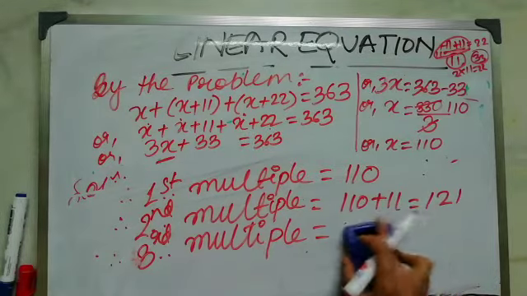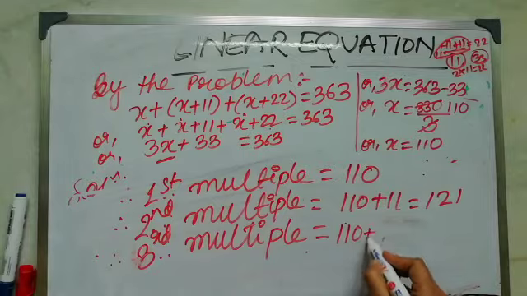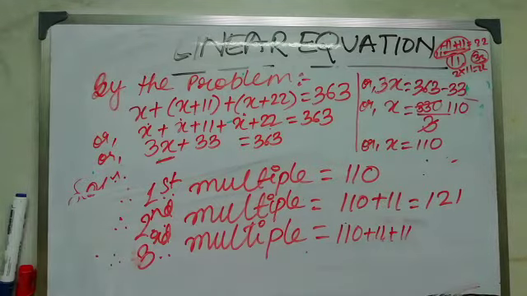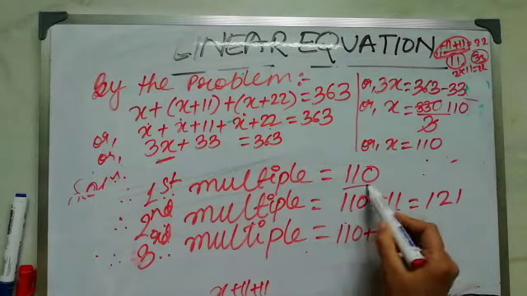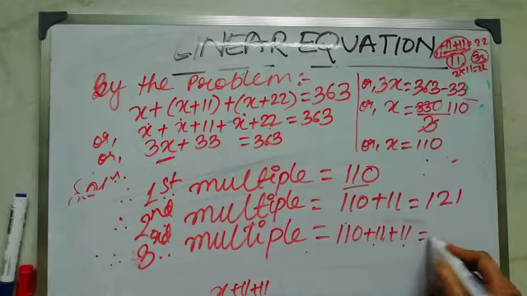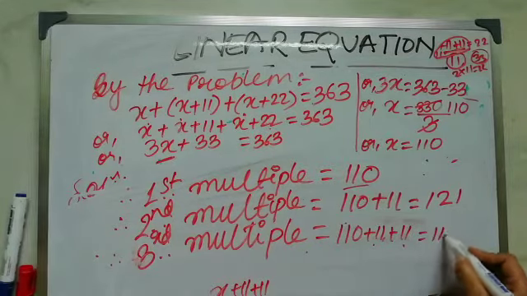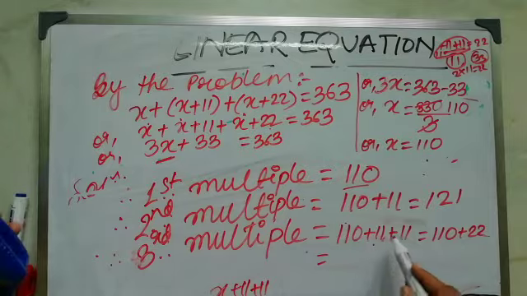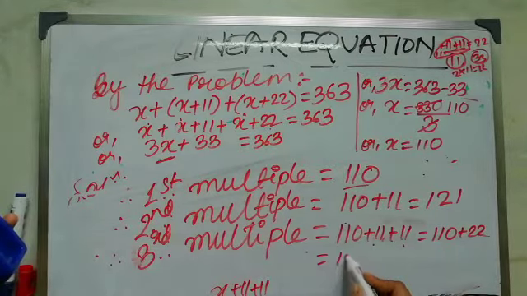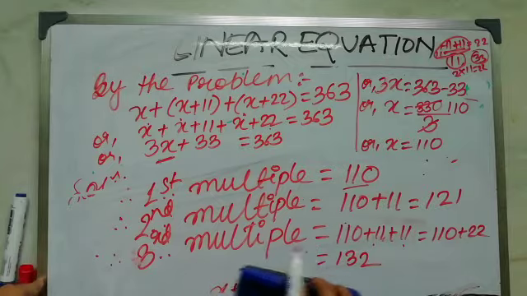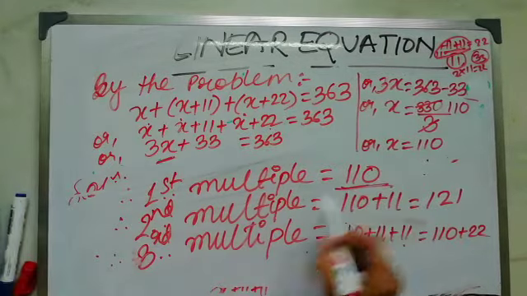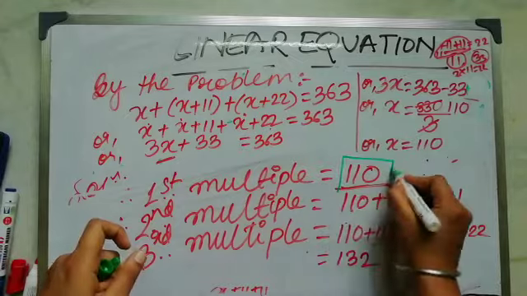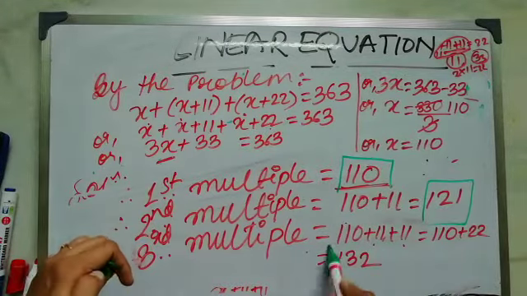Or I can write 110 plus 11 plus 11. If you remember, I have written just now as x plus 11 plus 11. So x plus 11 plus 11, which is again 110 plus 22. I would have written this directly, right? So 110 plus 22 will give me 132. Hence, my answer is 110, 121 and 132.